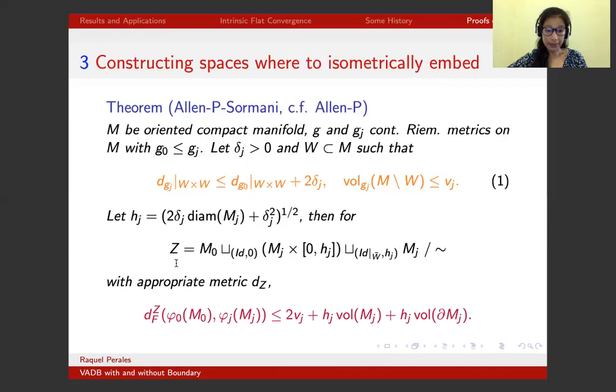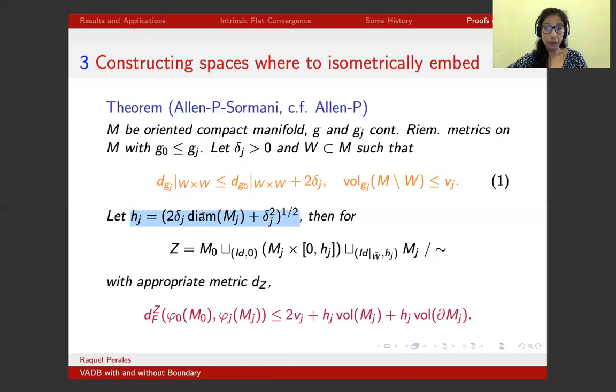With this metric space, it's very easy to isometrically embed M0 because M0 has smaller distances than Mj. And then what is crucial to isometrically embed Mj is this estimate. So this height, Hj. You really need a certain height in order to isometrically embed.